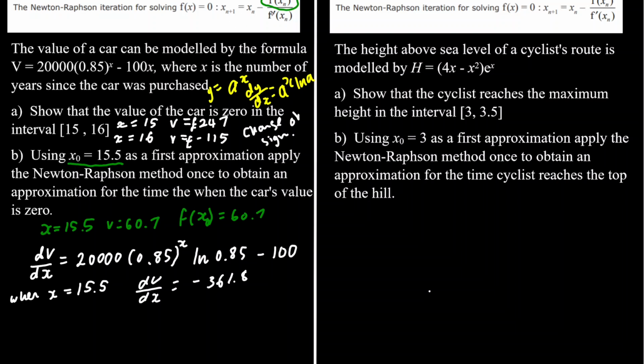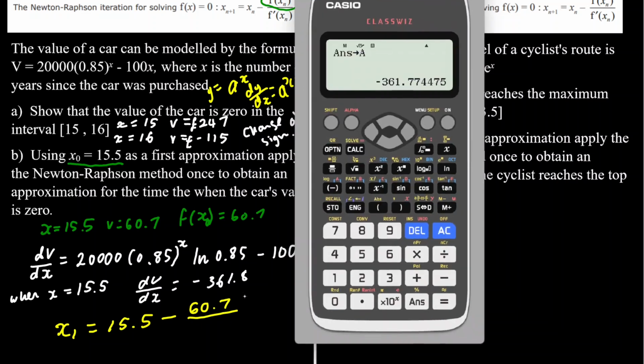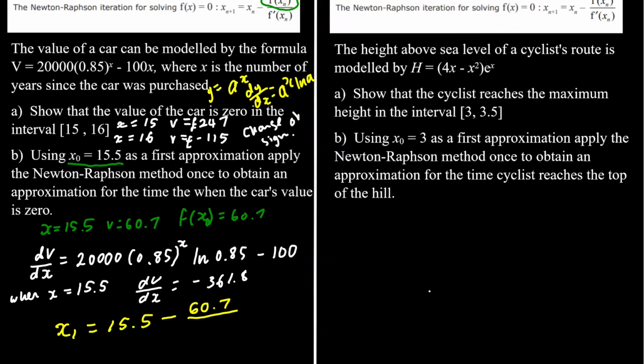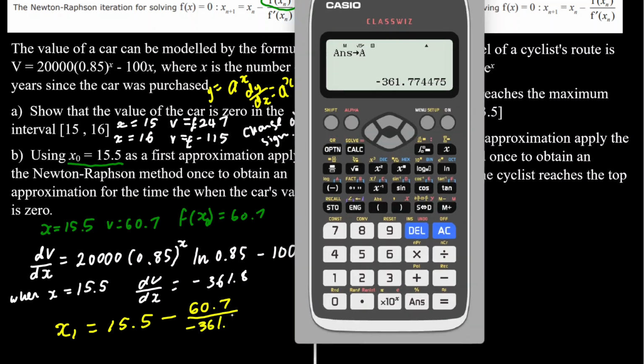So the next approximation, x1, is x0, which is 15.5, take away f of x0, which was our 60.7, over our gradient at that point, which we've got as negative 361.8.